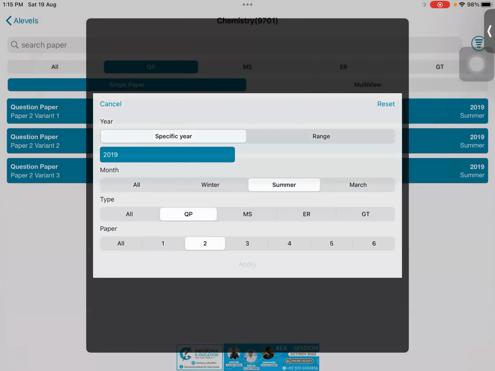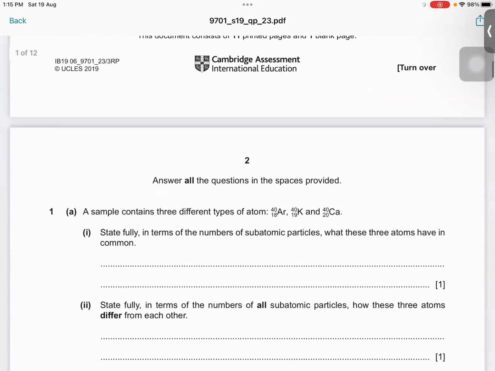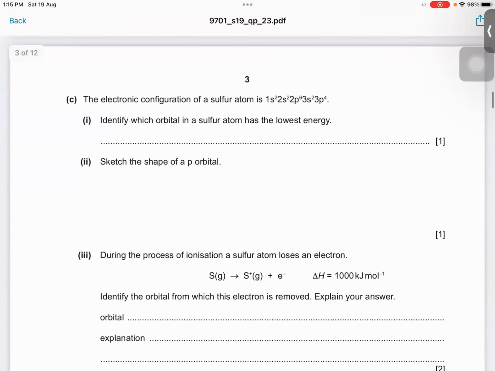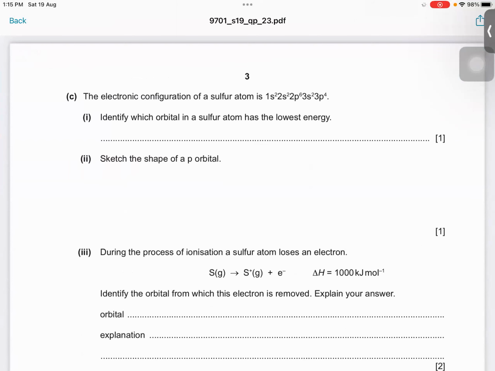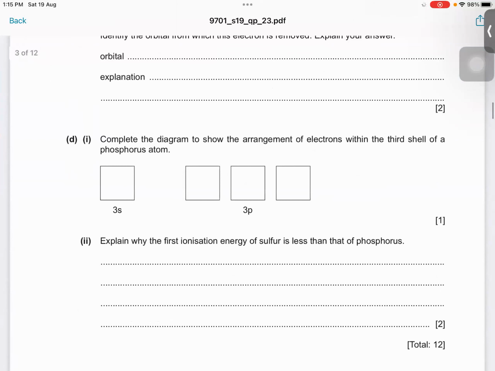Complete the diagram to show the arrangement of electron within the third shell of a phosphorus atom.